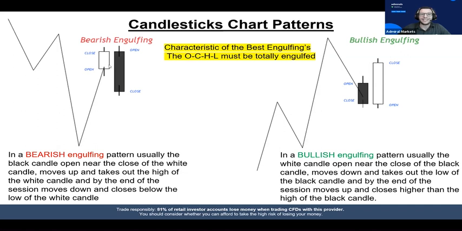Okay, that's a strong bearish engulfing. And on the contrary, we want the sellers to create a new low and then the buyers to show dominance in the trend. All right, cool. Let's move to the next one.